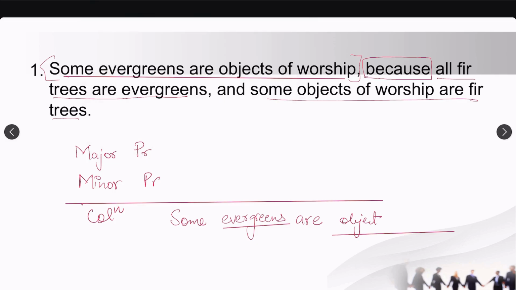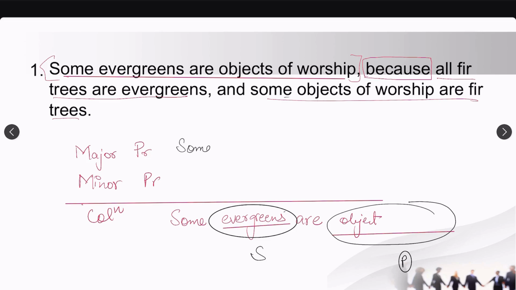Now you're familiar that evergreens is the subject and object of worship is the predicate. So this is the predicate, and the predicate will go in your major premise. So just write some objects of worship are fir trees. So this is your major premise.